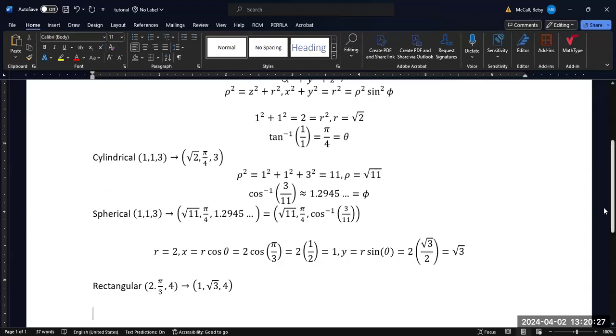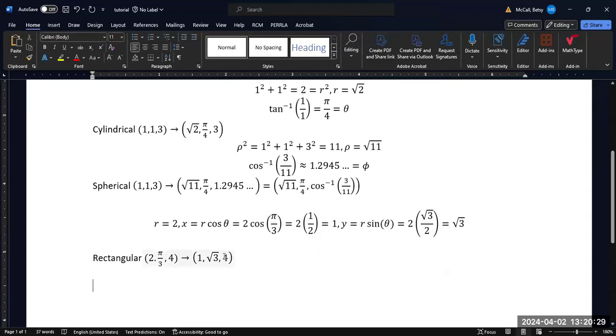And again, the z coordinate doesn't change because cylindrical is basically just polar plus z.